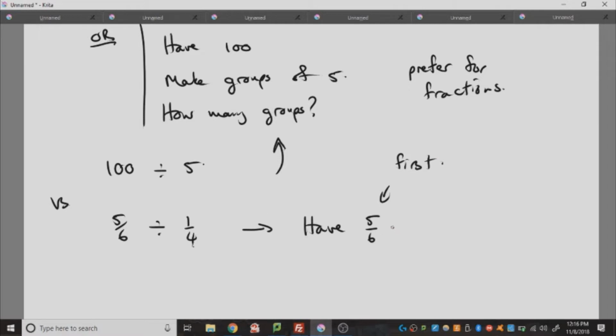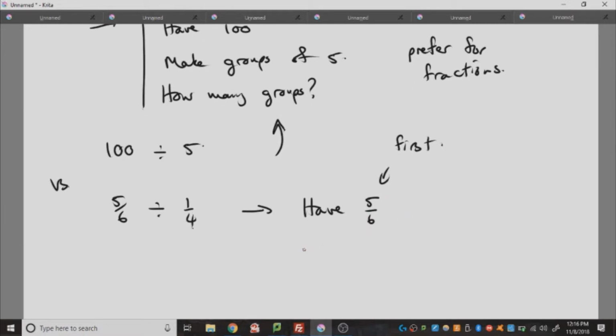I have 5 sticks of whatever, loaf of bread. I am making groups of what is wrong with me? It's beautiful. Making groups of 1/4 of a loaf of bread.